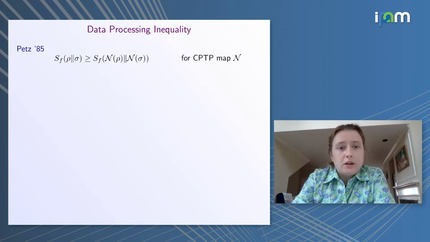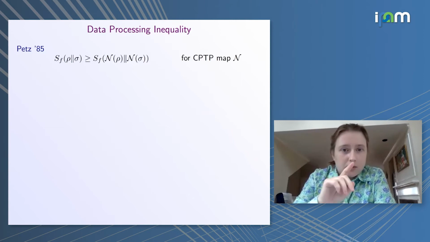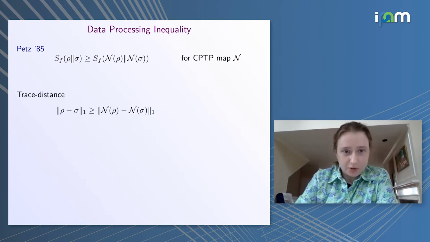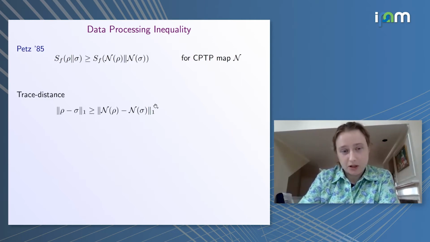And Petz showed in '95 that it also satisfies the data processing inequality for completely positive trace preserving maps. This inequality deserves its own talk, and maybe the whole conference, so we will see more of the data processing inequality later today. So just a reminder, both of these measures satisfy the data processing inequality.